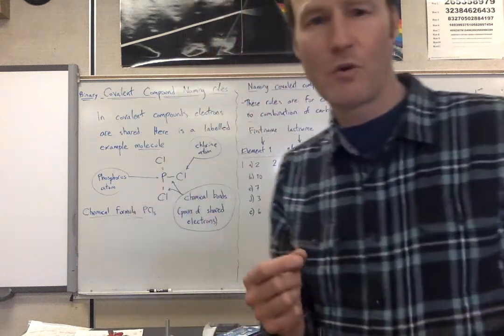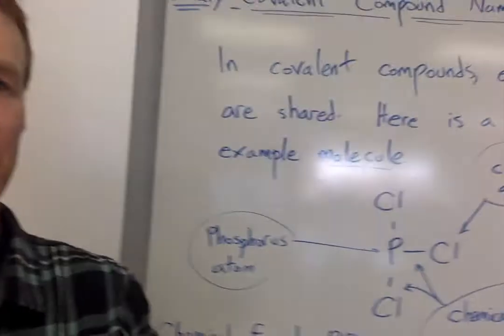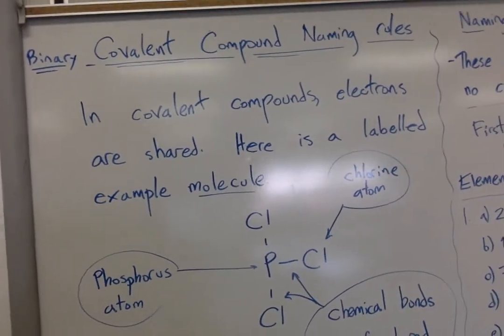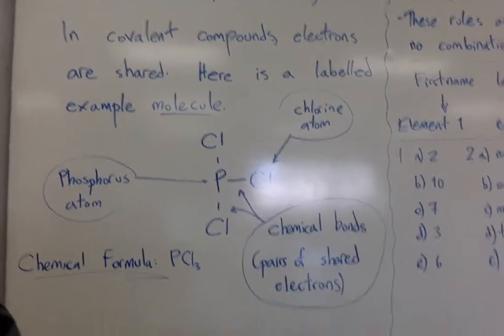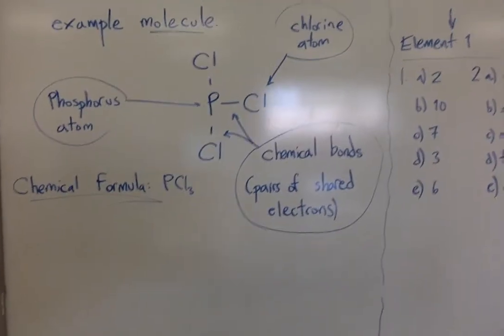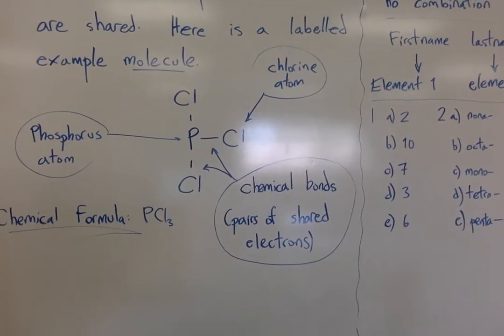So let's look at where we're at for the notes. So in a covalent compound, electrons are being shared. So in a labeled example molecule like you see here, I've drawn this up. This is what I just showed you as a model.